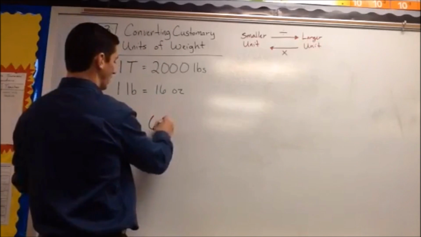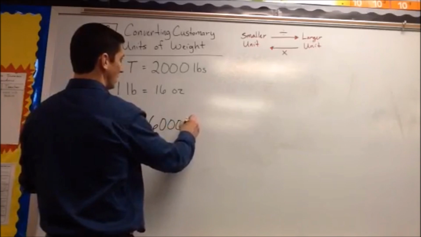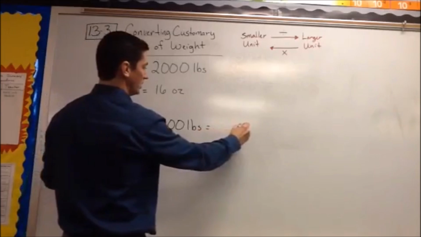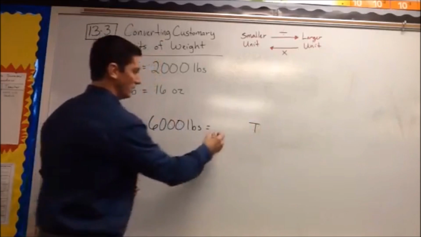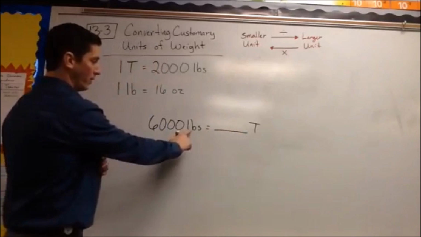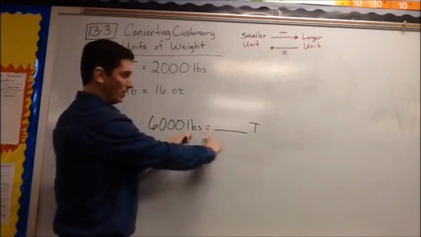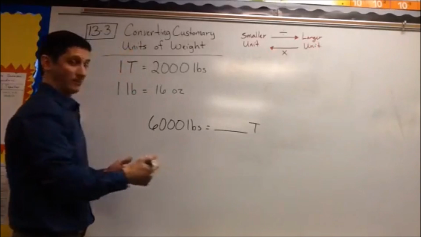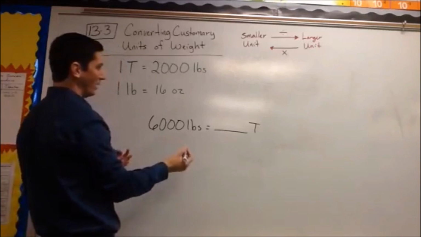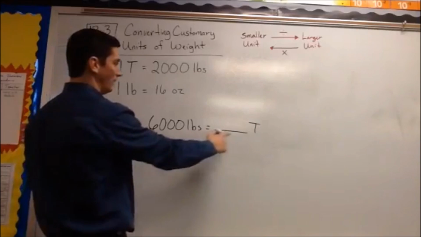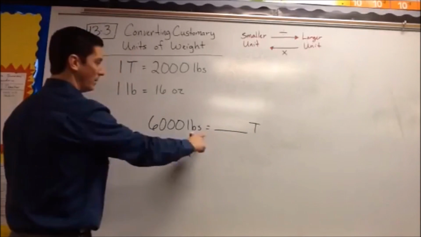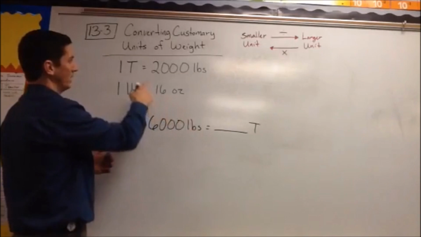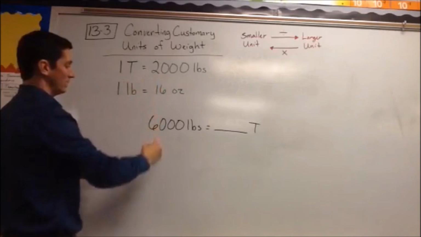If I had 6,000 pounds and I wanted to change it into tons, so I'm going from a smaller unit to a larger unit, what do we do? Yeah, we divide. So what do I divide by? You have to ask yourself, how many pounds are in a ton, or how many tons are in a pound? There are 2,000 pounds in a ton.